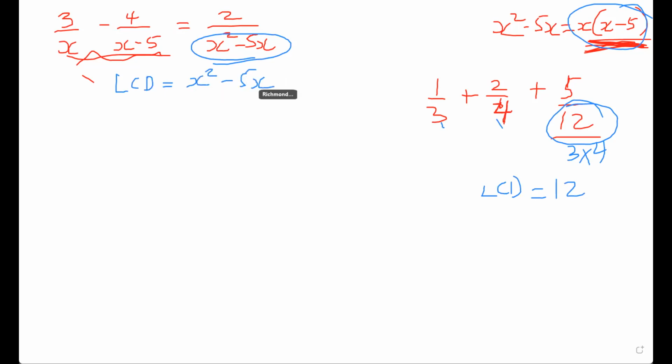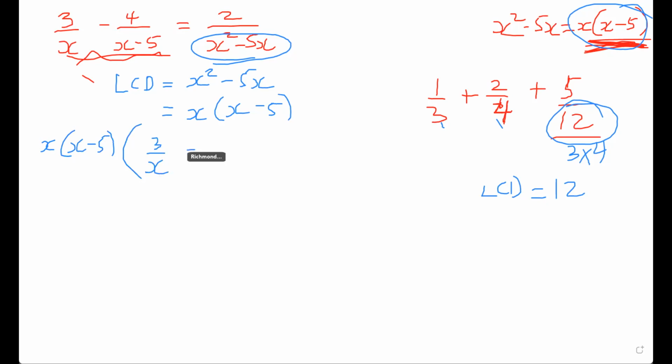So if that is my LCD, I could rewrite that as x minus 5 so that I can cancel out. So x times x minus 5. Now I multiply that on both sides, and then I do the same thing here. Even though I factorize it as the same thing, for this part, this would cancel that.